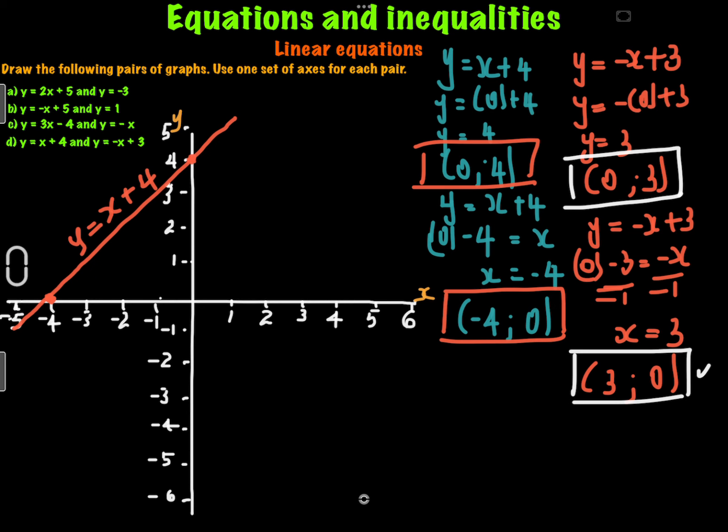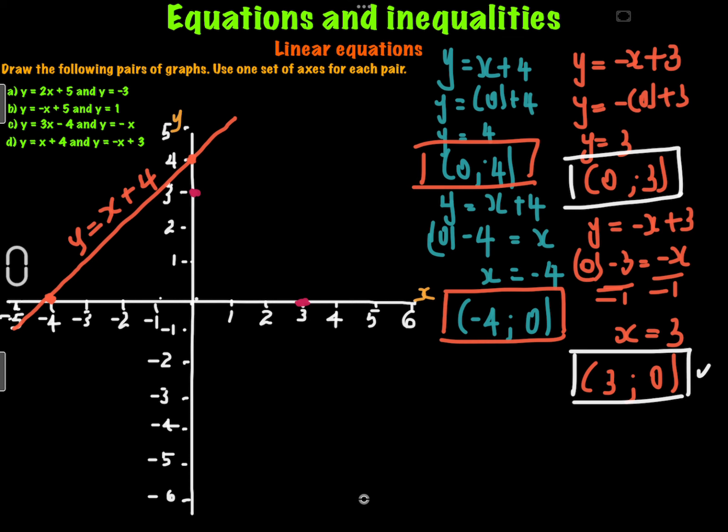So in this case, when x is equals to 0, y is equals to 3. So we have this point here. And when x is equals to 3, y is equals to 0. So we have that point intercepting these 2 points here on the Cartesian plane.